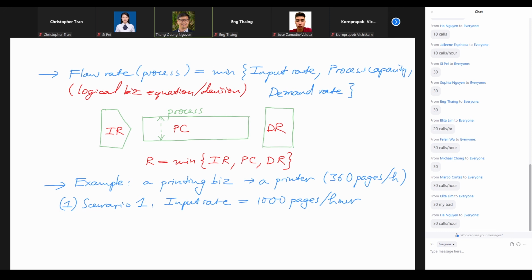Okay, we have plenty of them. The printer capacity, process capacity, is 360 pages an hour. And the demand rate is 400 pages an hour.